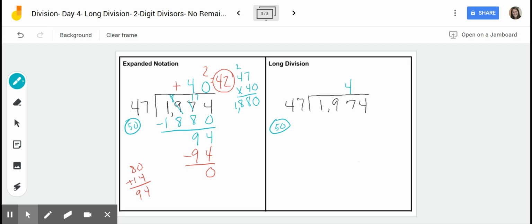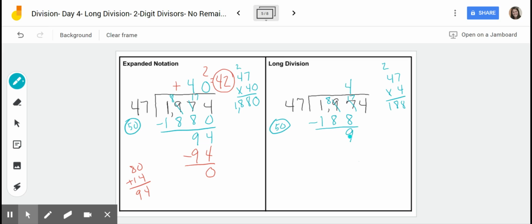And just like we checked the first time, 47 times 4 gives us 188. Now, this time we're going to use it as 188 because we're pretending like this is 197 instead of 1,974. And so we'll subtract.